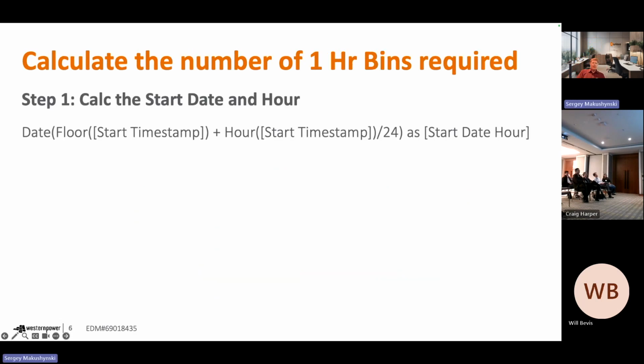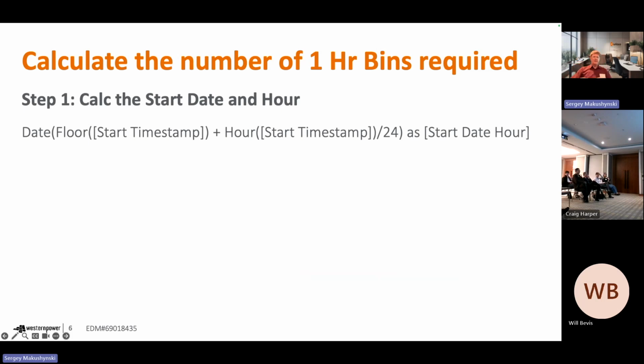Okay, so I now want to find out how to calculate the number of bins that I need. And I can do that using the normal Qlik date manipulation functions of date, floor, and so on.